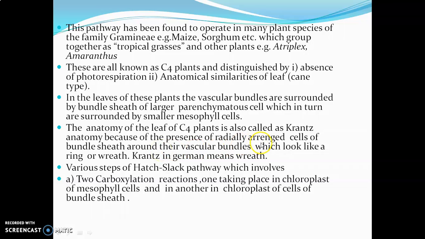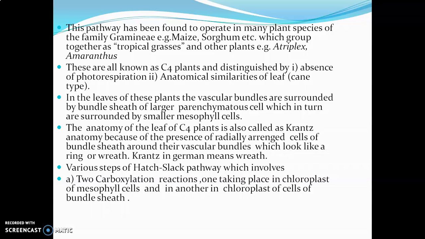Because of the presence of radially arranged bundle sheath cells around the vascular bundles, which look like a ring or wreath, and in the German language a ring or wreath is called Kranz. That's why the name Kranz anatomy.